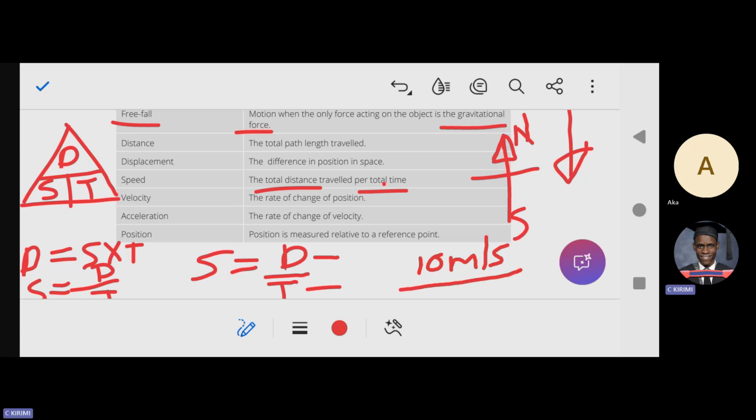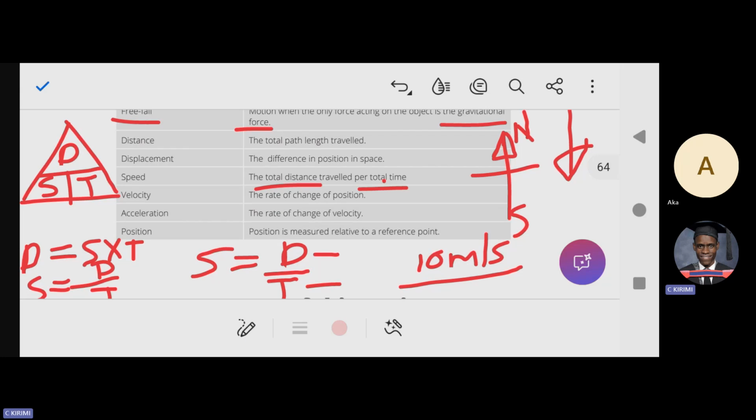But if they say calculate the velocity, you must indicate the direction: towards the left or right, upward, downward, east, west, north, or south. Is it 10 meters per second to the left, or to the right? So that is the difference. Speed is just a scalar, the magnitude only, but velocity must specify the direction.